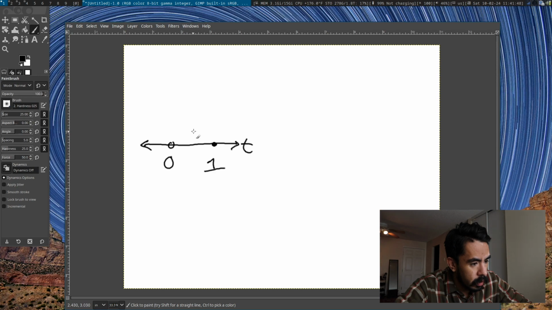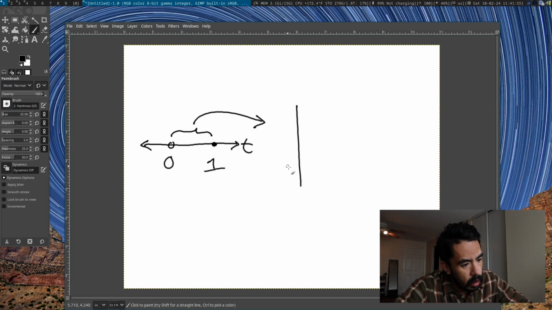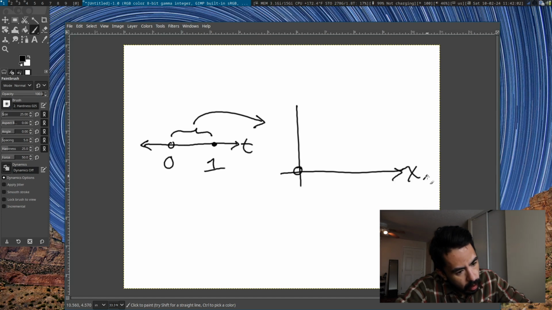And we're going to map this onto the x1, x2 plane, with 1 and 1 here.